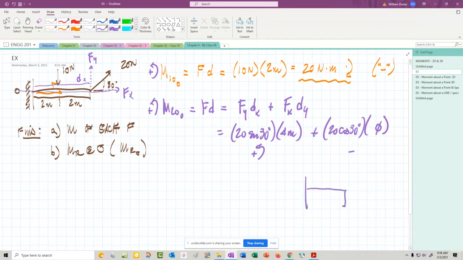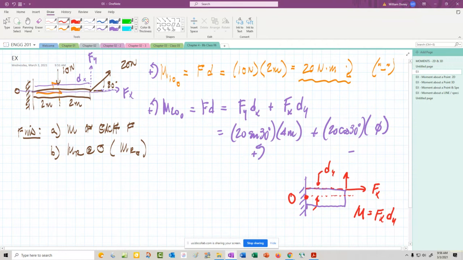Now, if I had a case, and I'll just exaggerate the thickness of this beam, where point 0 is actually located right there along the center line, and that force was up here, so it pulled at some very slim distance, it would create a moment about that because of that little offset of the force from the rotation point.